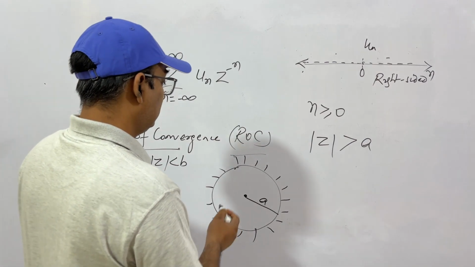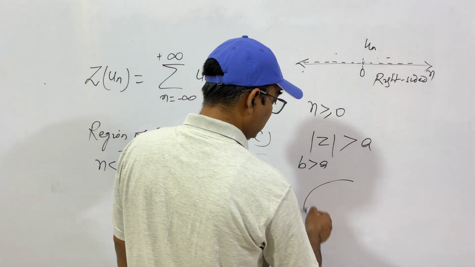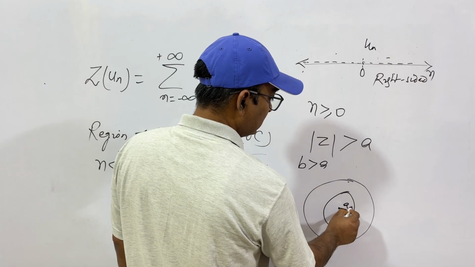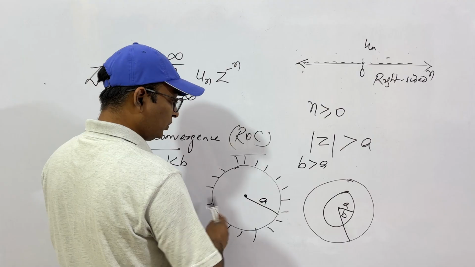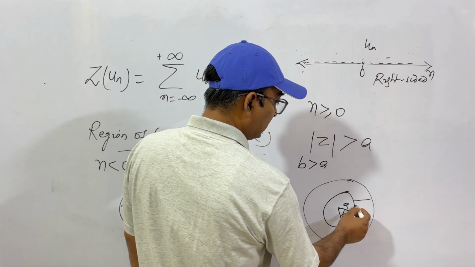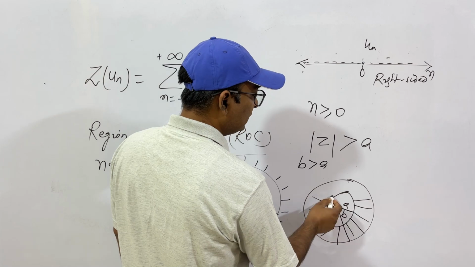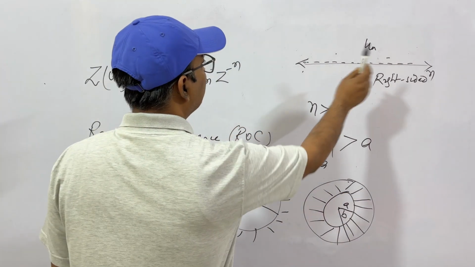Let's say b is greater than a, this radius is a, this radius is b. Then it is out of a but less than b. So this region is the region of convergence when we have a sequence from minus infinity to infinity.